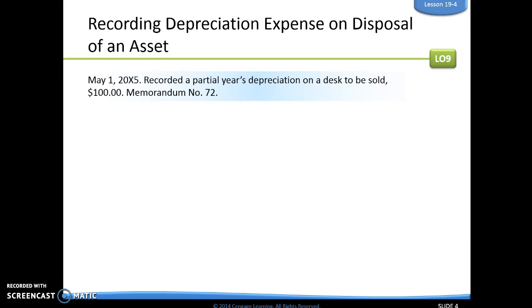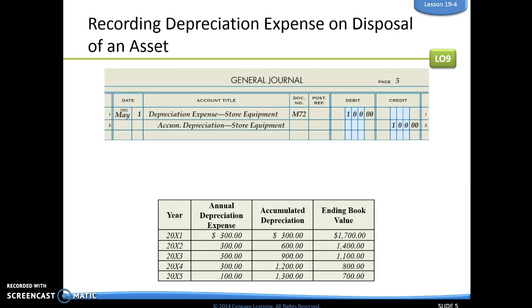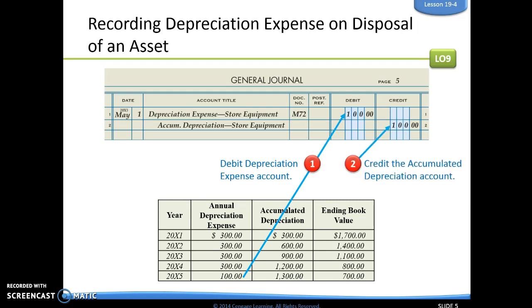So we are going to increase our depreciation expense for $100. And we are going to increase our accumulated depreciation then of $100. That's going to go into our general journal. So May 1st, we debited depreciation expense, we credited accumulated depreciation.